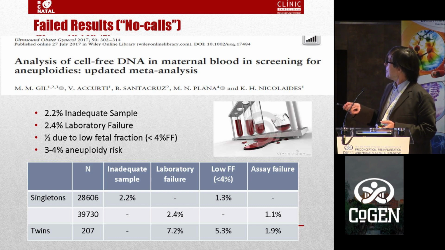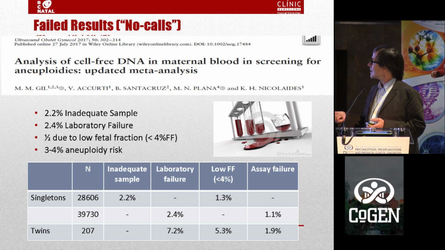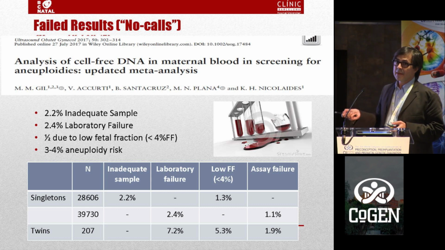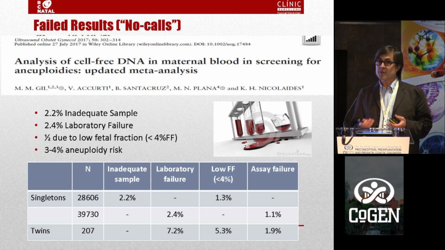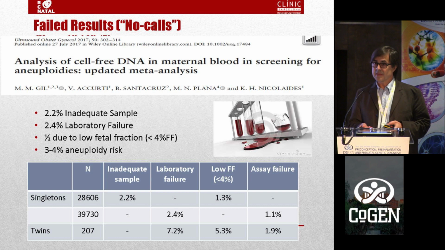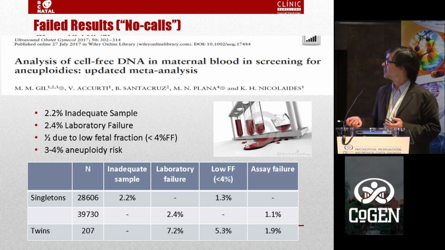This is maybe a more updated meta-analysis. The figures go down, maybe they have halved in these years. So nowadays we can say that there are 2% of inadequate samples that are not analyzed by the lab. They just repeat the sample.